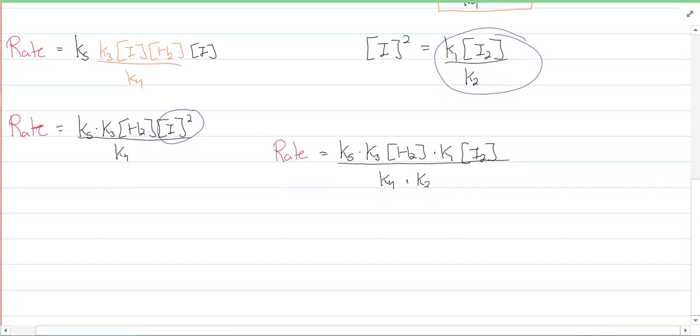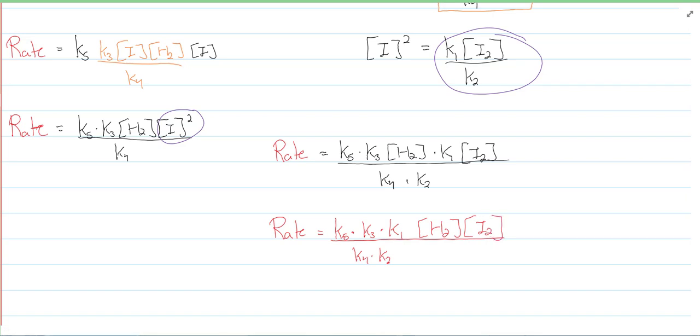And so rewriting it nice and neat, rate is equal to K5 times K3 times K1, that's capital K, all over K4 times K2. It doesn't matter, a lot of times they'll write in numerical order. But then we've got concentration of H2 times concentration of I2.